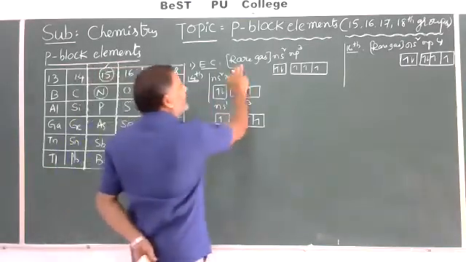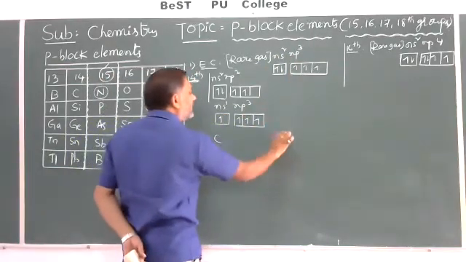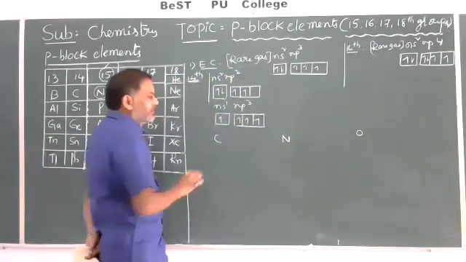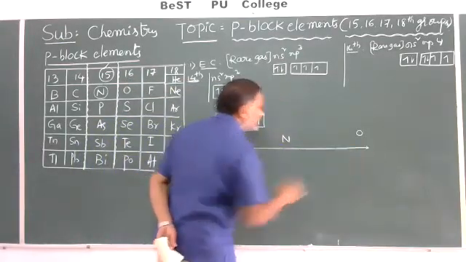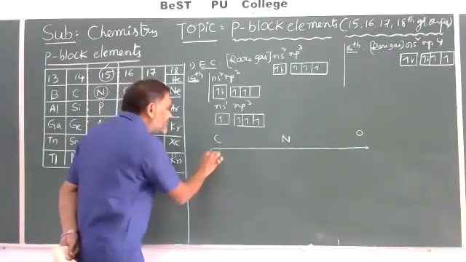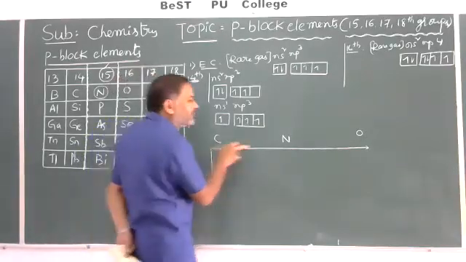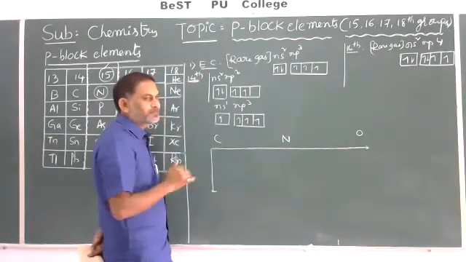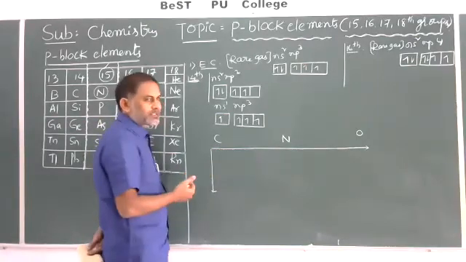Now the 14, 15 and 16th group elements are the carbon, nitrogen and oxygen families. Generally from left to right, what happens? Size decreases, and from top to bottom size increases. Generally as size decreases, ionization energy increases, and electronegativity also increases.